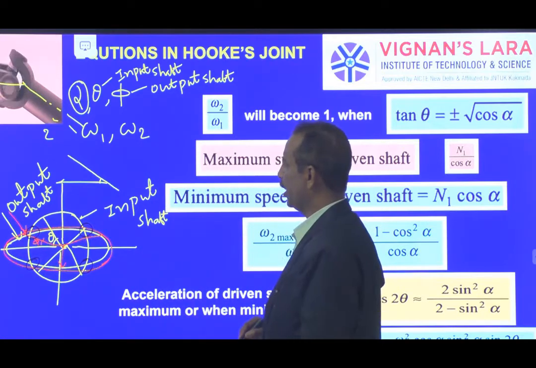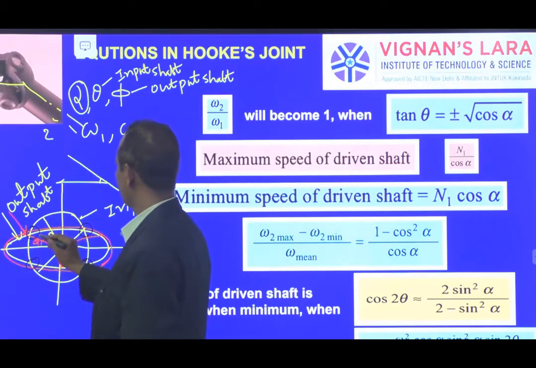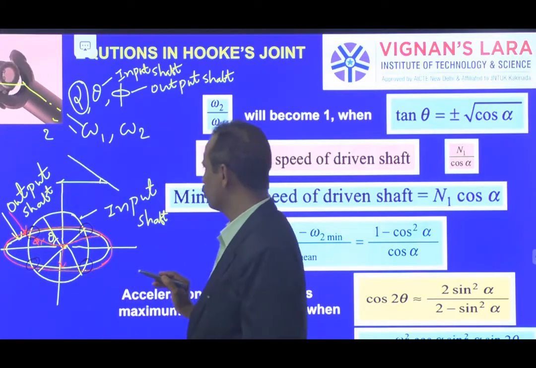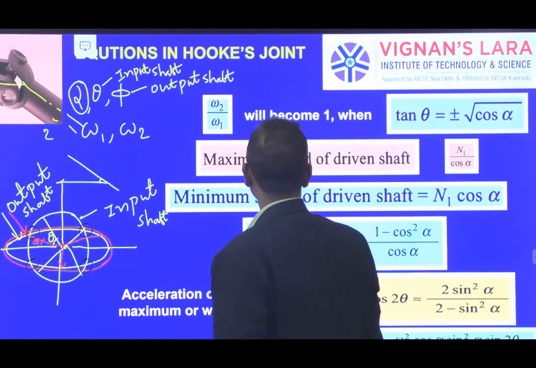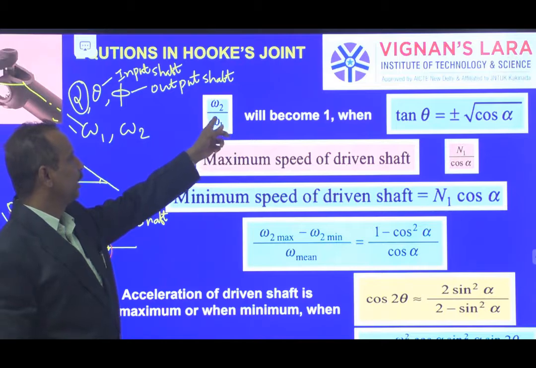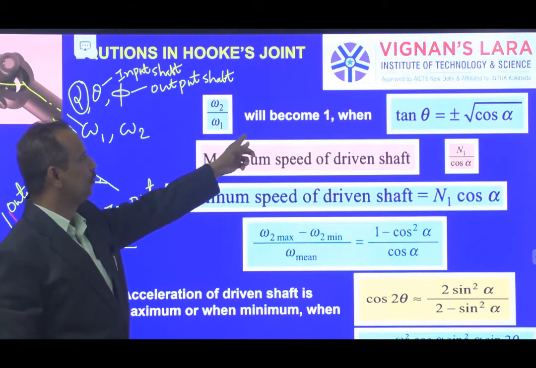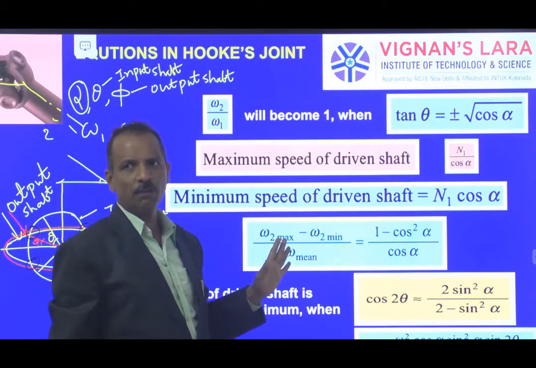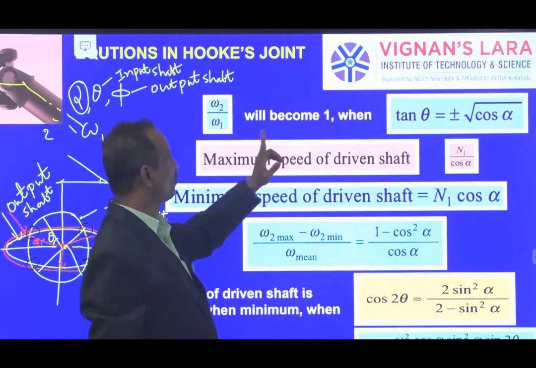These are the 4 points where the output shaft and input shaft will have the same speed, isn't it? So that is derived and written as W2 by W1 will become 1. That means output shaft speed by input shaft speed is 1.